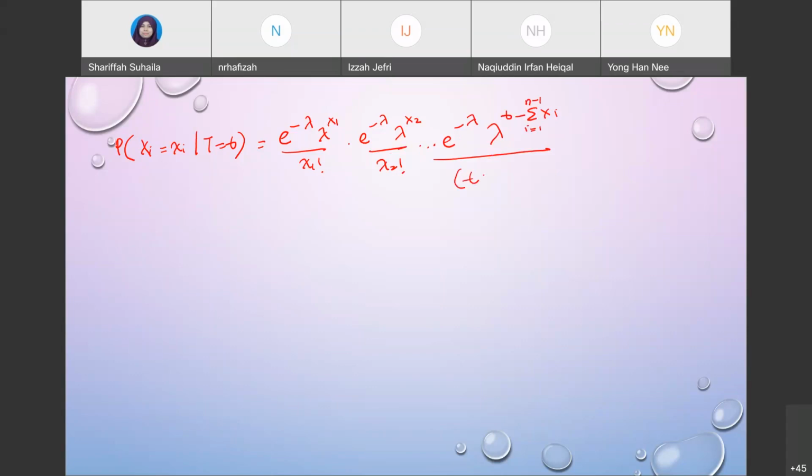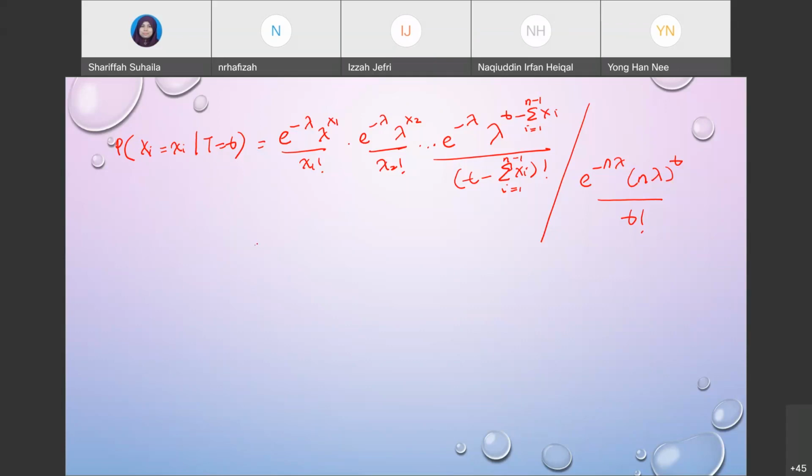And then instead of xn, kita ada t minus summation xi. Okay, divide by exponential negative n lambda to the power t over t factorial. Okay, so exponential negative lambda, kita ada n terms, so kita ada exponential negative n lambda, so itu cancel out. Okay, and then what we have here is just this one lah.